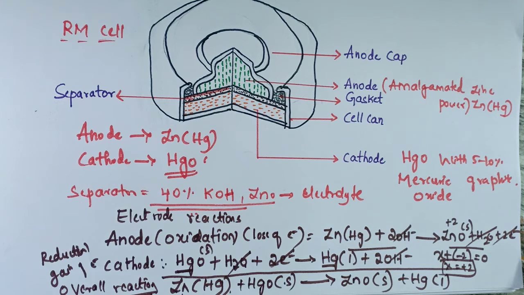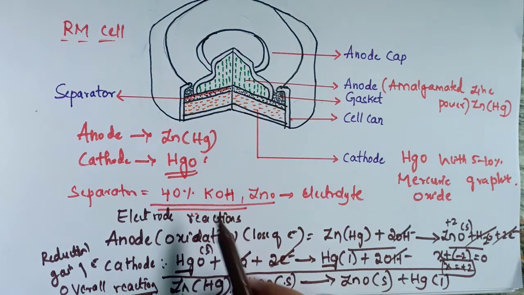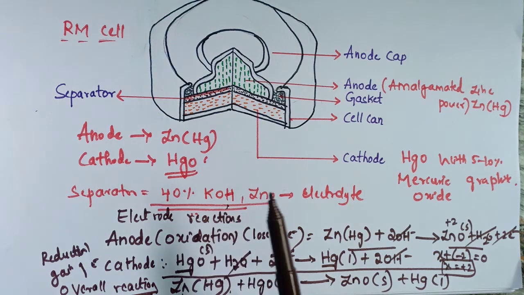Here the important point is that the cell reaction indicates that the electrolyte KOH is non-variant. By these cell reactions we understand that the electrolyte KOH is fixed, and only some amount of KOH is required.